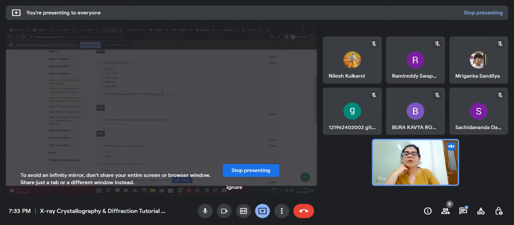If we take one point as x, y, z, after the inversion center it will become x bar, y bar and z bar. So in the point group 1 bar, the number of equivalent points will be 2, and the coordinates of those points will be x, y, z and x bar, y bar, z bar. Understand?